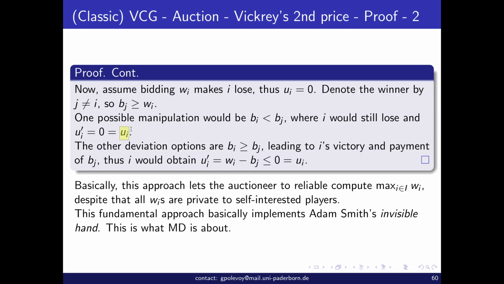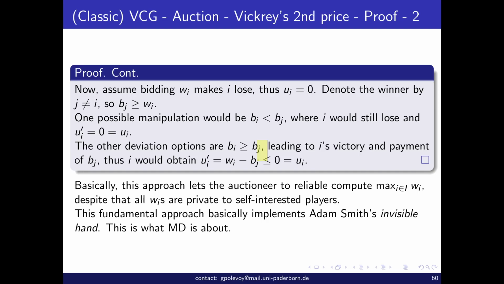Another manipulation, there are infinitely many, but any other manipulation would be to deviate to something which is at least what the best other player bid, at least BJ. Then either I wins and pays the same if it's equal, or, if she loses, she keeps losing, it's 0.